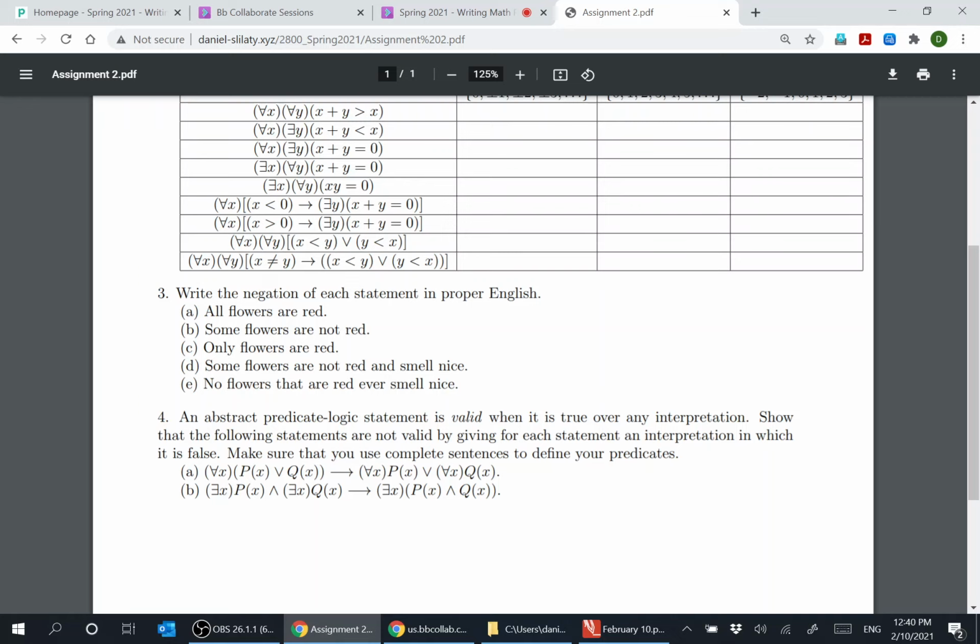Well, that won't be true when P and Q are mutually exclusive, so to speak. There are some living things that are animals, and there are some living things that are vegetables. Therefore, there are some living things that are both animal and vegetable.